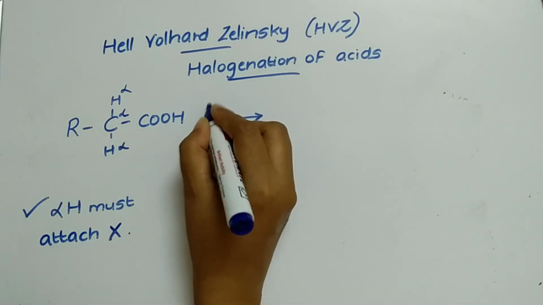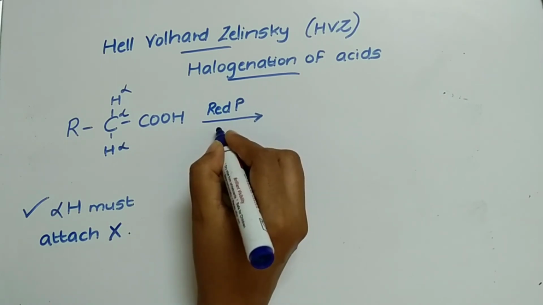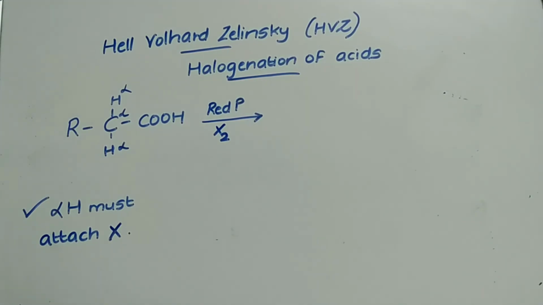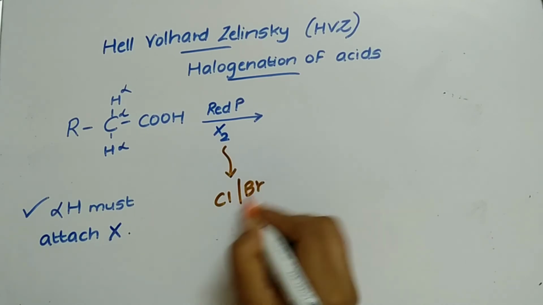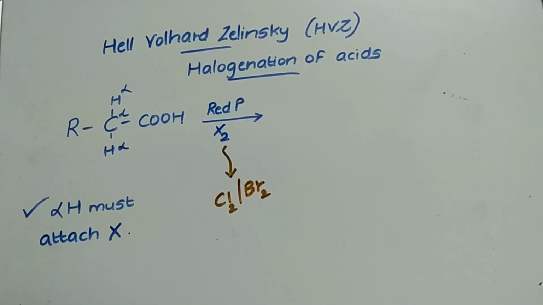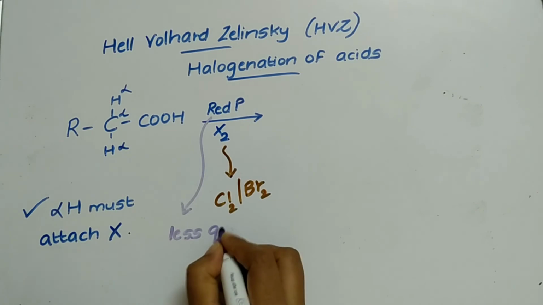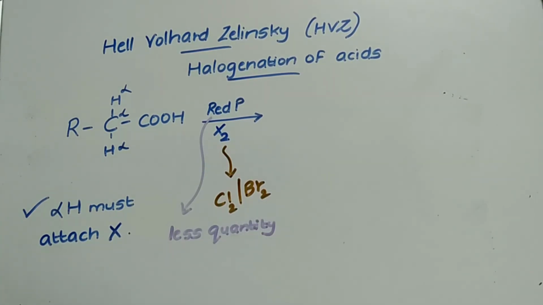This reaction happens in the presence of red phosphorus, taken in very little quantity, and the halogen can be chlorine or bromine, Cl2 or Br2.